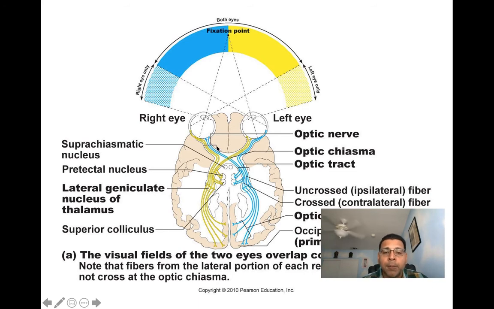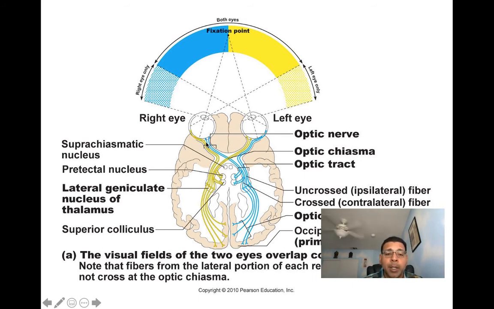And now here, the fibers that came from the other side, the contralateral fibers, you can see those crossed fibers make their way into the pretectal nucleus and into our superior colliculi before making their way to the lateral geniculate nucleus, and then following the same pathway as the uncrossed fibers.